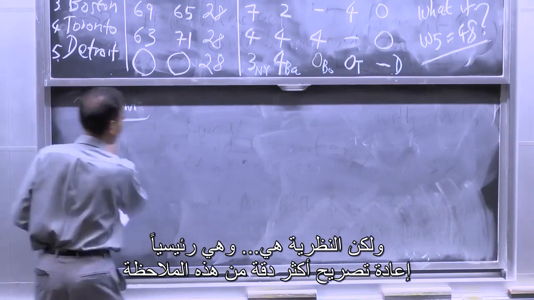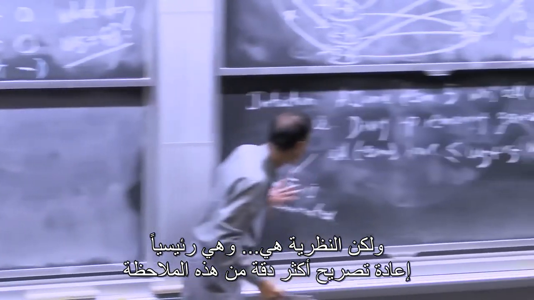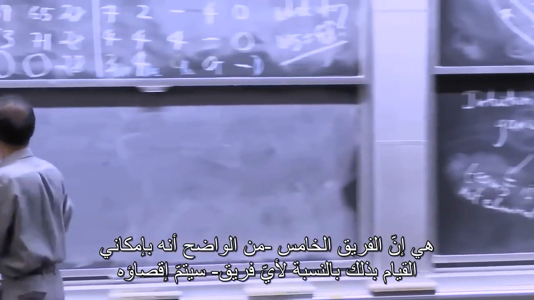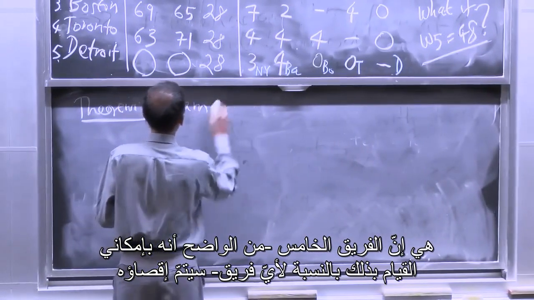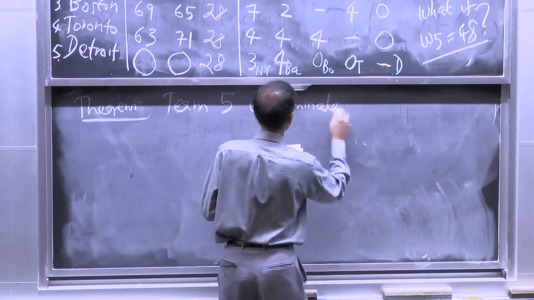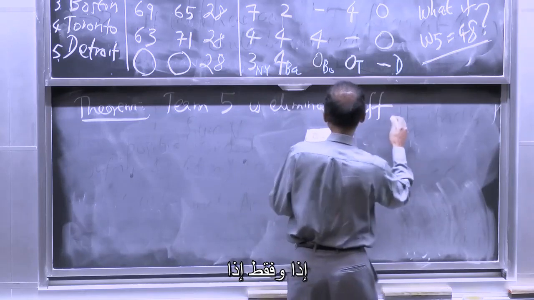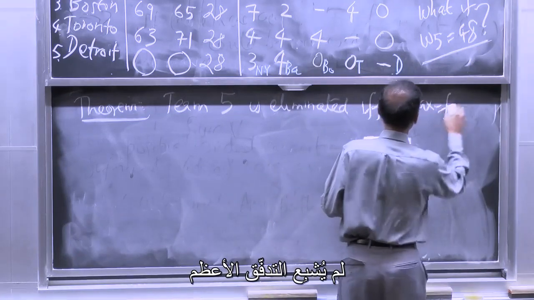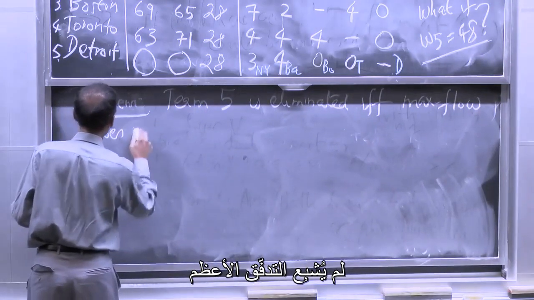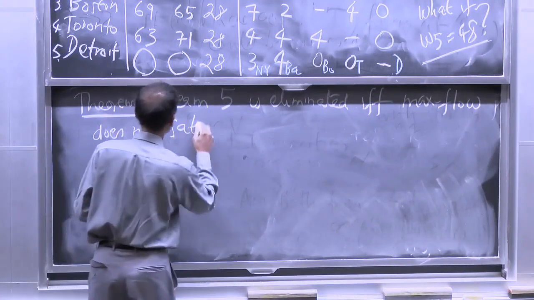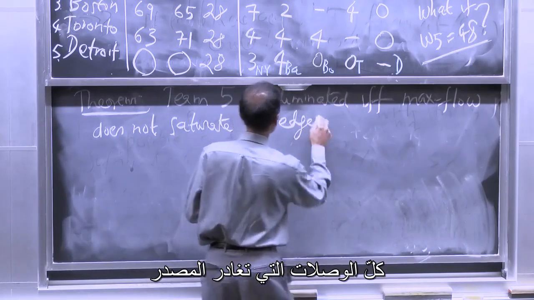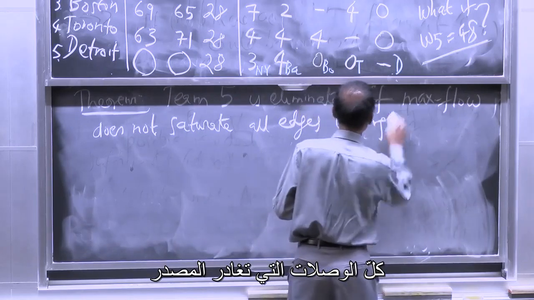But the theorem is, which is essentially a more precise restatement of this observation, all right, that team 5, obviously you can do this for any team, is eliminated if and only if the max flow does not saturate all edges leaving the source.